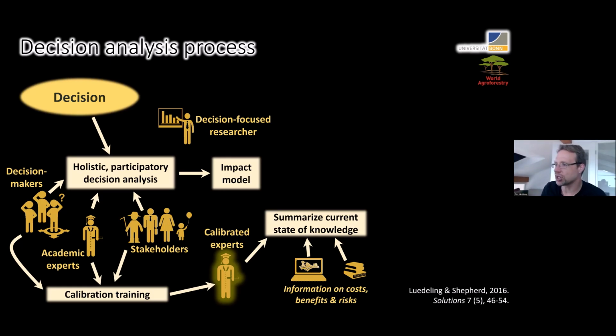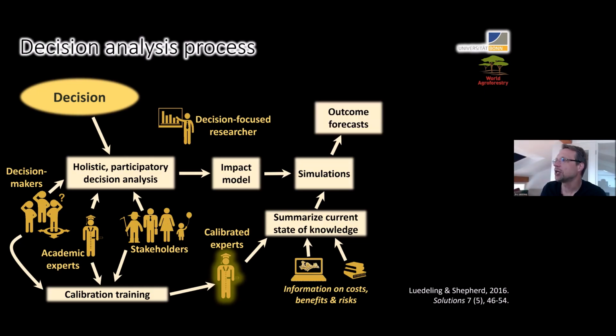So this is usually done before we ask estimates from people, and feed them into the model, and then run our simulations that allow us to forecast the outcomes of a decision. So basically we can tell what the relative prospects of option A versus option B are in a decision-making situation.